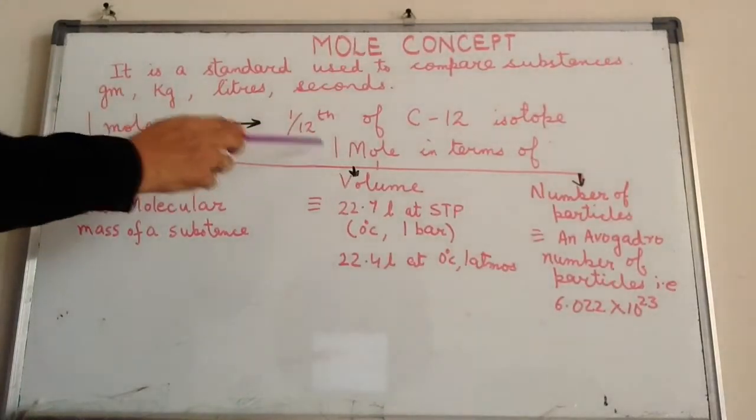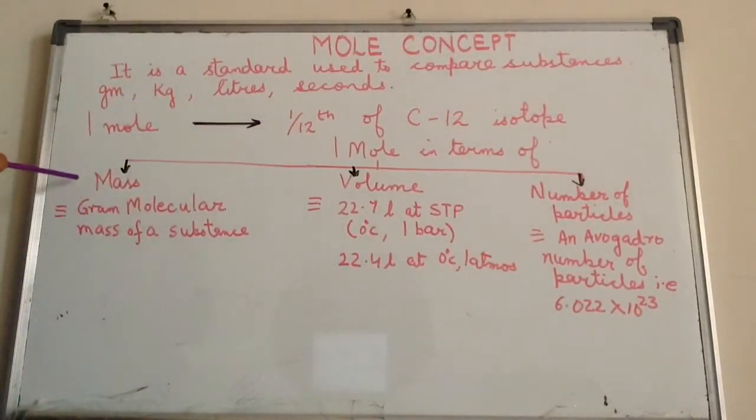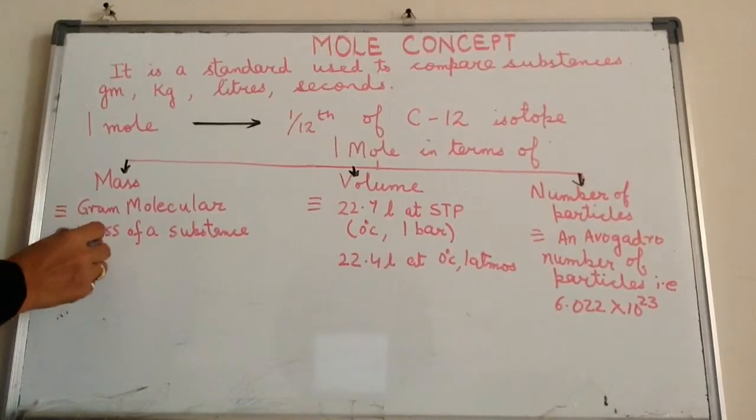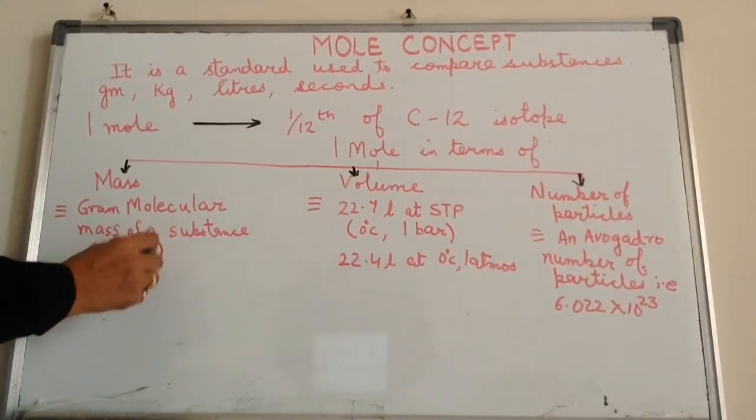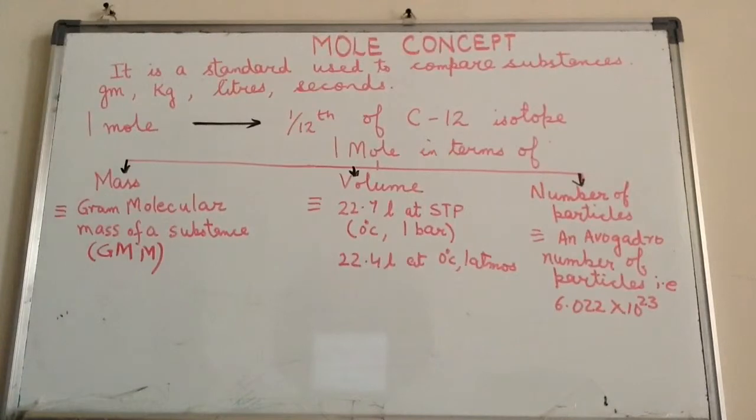What is mole? When I am talking in terms of mass, when I say 1 mole of a substance, I simply mean the mass of that substance equal to its gram molecular mass. That is what we say as GMM, gram molecular mass of a substance. Or if the substance is in the atomic form, then the atomic mass of that substance.